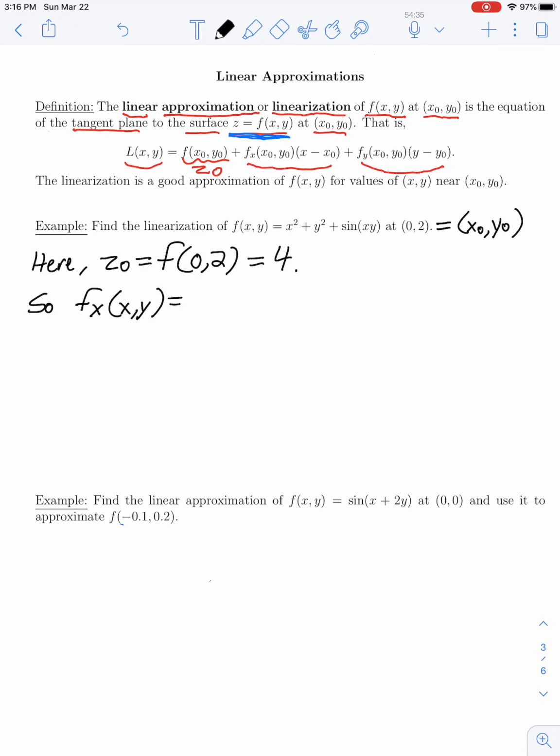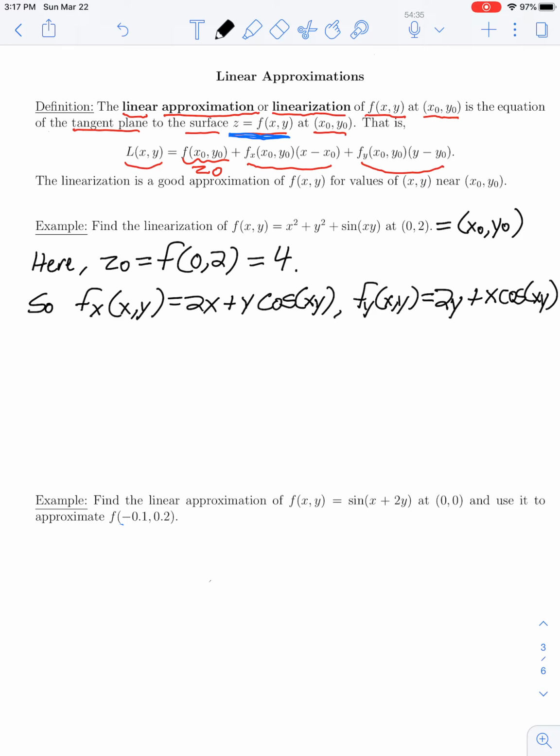So here we find our partial derivative of f with respect to x is 2x, plus, using the chain rule, we have cosine of x y times the derivative of the inner function with respect to x, which would leave us a factor of y out in front, and the partial derivative of f with respect to y is given by 2y plus x times cosine of x y. Again, we're using the chain rule to find our derivative of that sine of x y term.